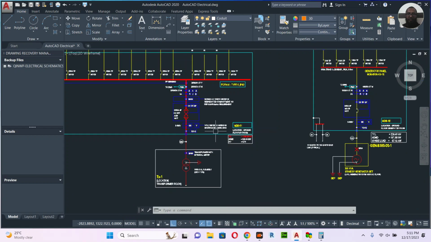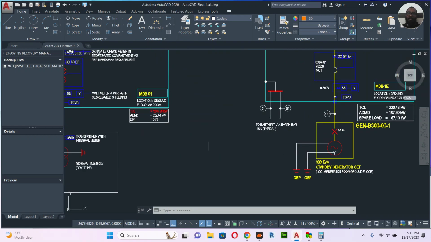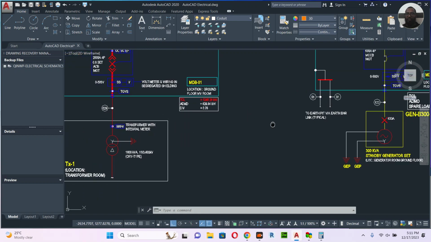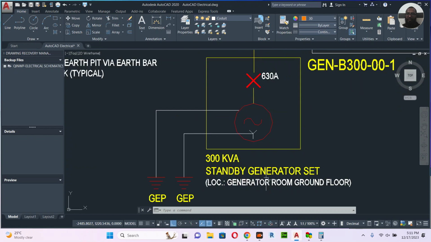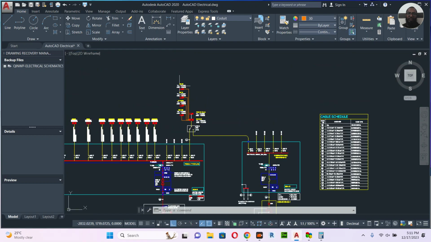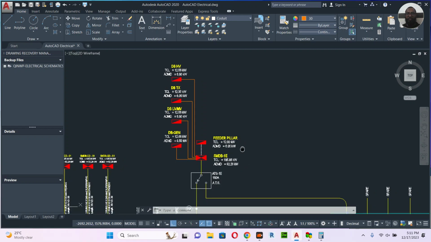And what else? Now, how to choose the generator? You can use the same knowledge I provided here to choose the generator. So this is a 300 kVA generator, but how much do we have? Let's say 30, 30, 30 or 50, 50, 50, 50, but you have to originally calculate 200 and 250.